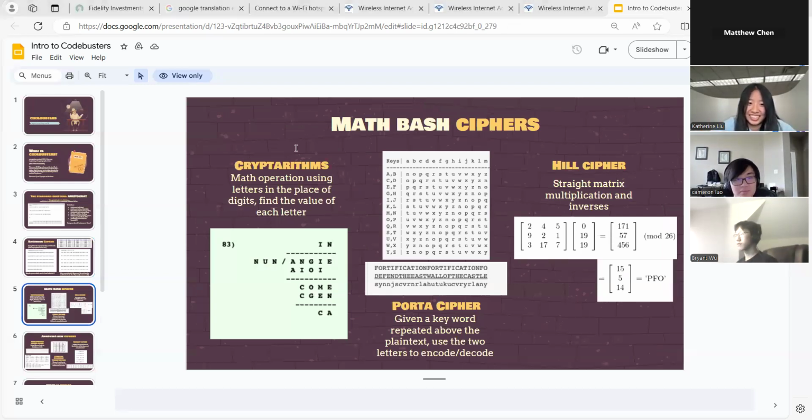Catherine, also you can do this one since you're in a math camp right now. Okay. So the one on the left is called cryptograms, where it gives you some sort of math equation. Usually it'll be addition or multiplication. If it's more complicated, it could have division or subtraction.